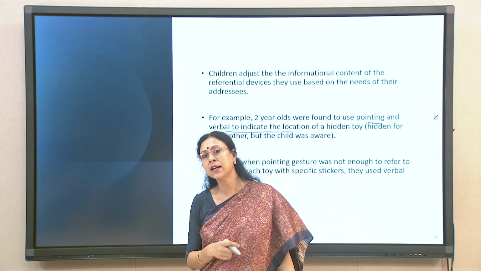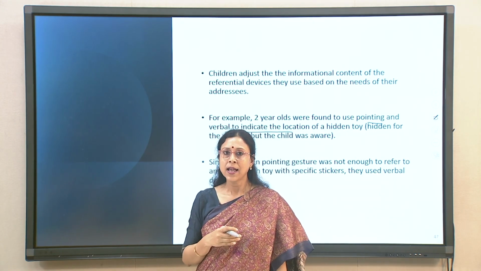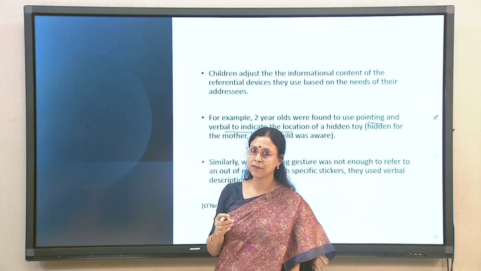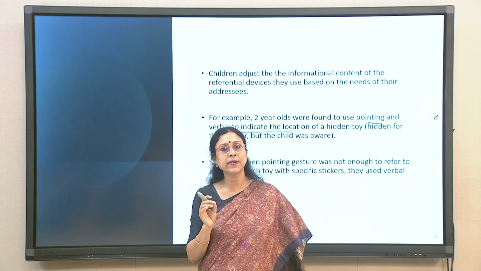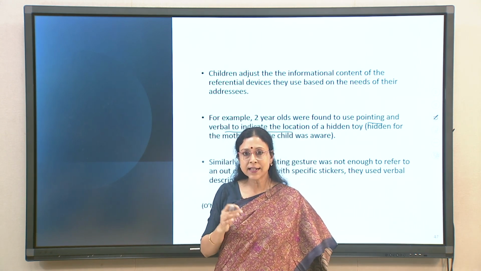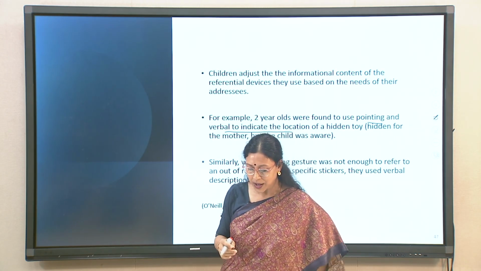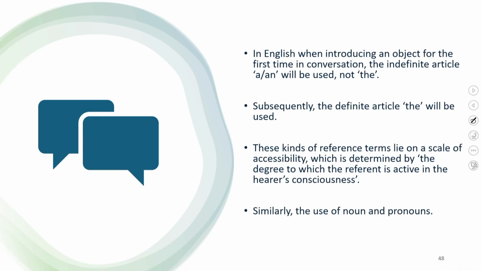In the second case, the child was asking for a toy which was out of reach for her, but the mother could not figure out which one she was talking about, and that toy was a particular one which had some kind of a specific sticker attached to it. So, that is when they stopped pointing and started using more verbal language. So, this is taken as an example that children are capable of understanding the mental state of the hearer.